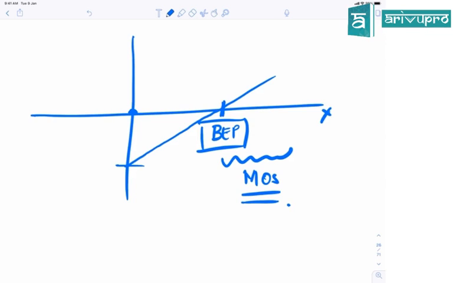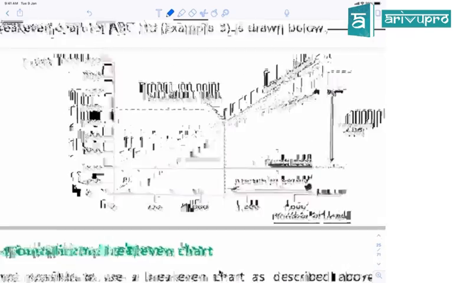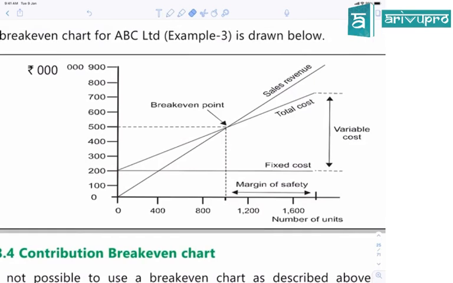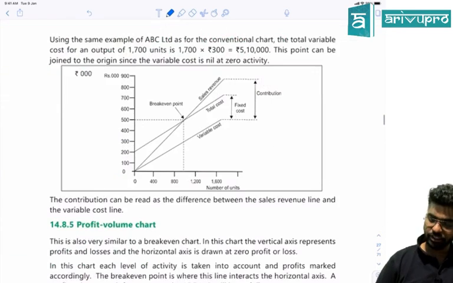So now let's just try look into it, guys. See here, this is my sales revenue. This line is my total cost. The point where my sales revenue meets my total cost is my break even point and break even sale. Are you all clear? Now see a PV chart.